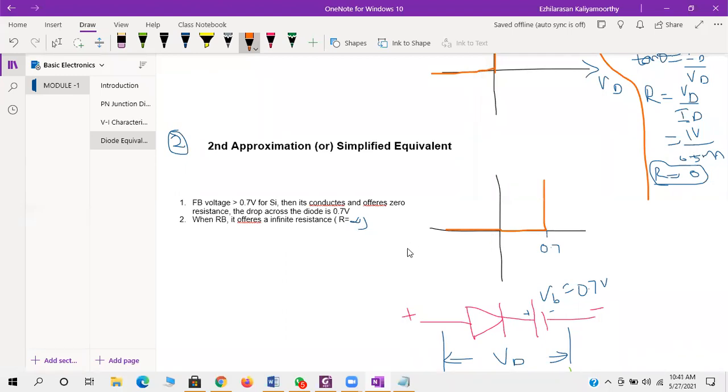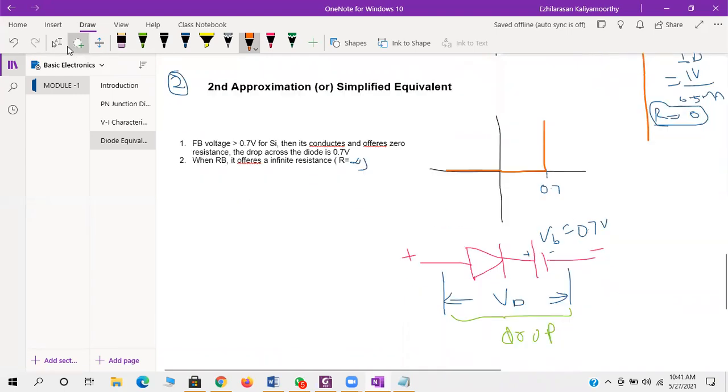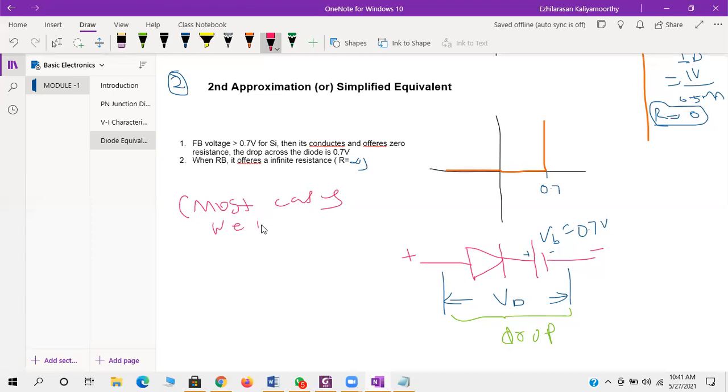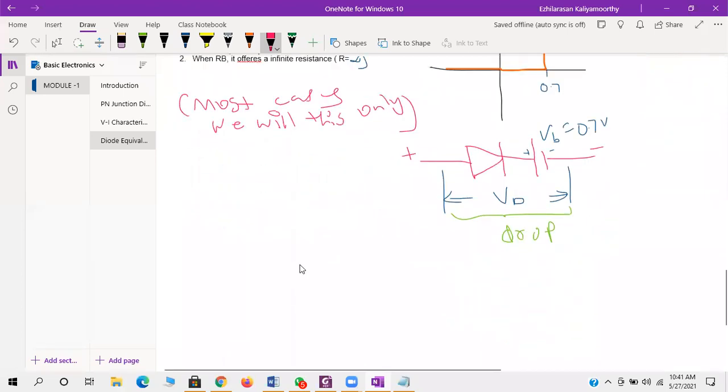So this is the second approximation, which is mainly used in most cases. Most cases we will use this equivalent only.